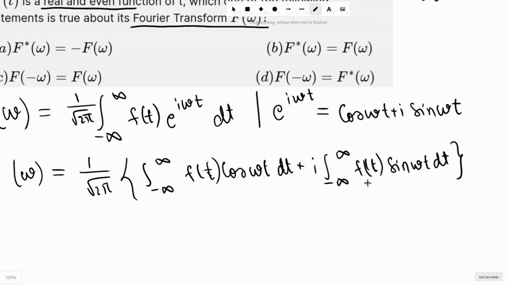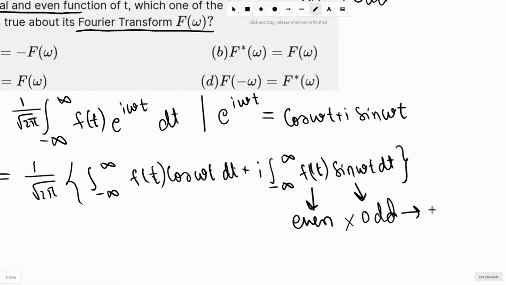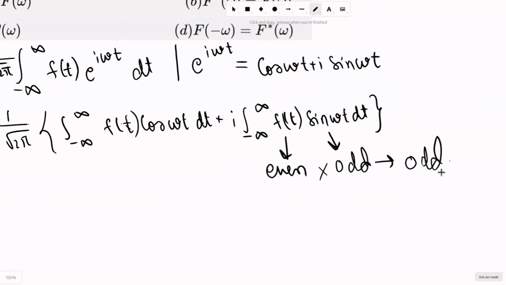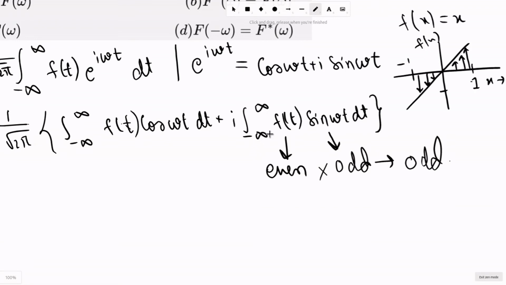Now if you look at this portion, f(t), we are told, is an even function, and sine, we know, is an odd function. If you are multiplying an even function with an odd function, what you get is an odd function. The nice thing about odd functions is that when you integrate them over symmetrical regions, they come out to be 0. This integration from minus infinity to infinity will make all of this thing 0.